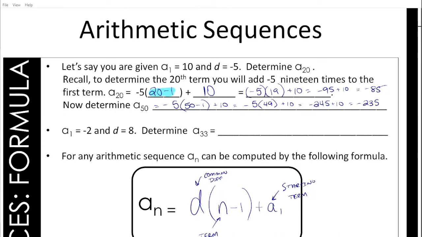So a_33, all right, so our common difference is 8. n minus 1 would be 33 minus 1. And then they started us at -2, so we get -2. Eight times 32 is 256. And 256 minus 2 is 254. So that equation can make your life easier.